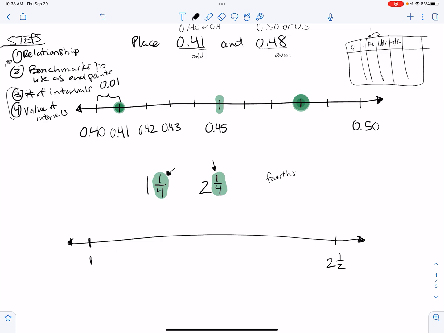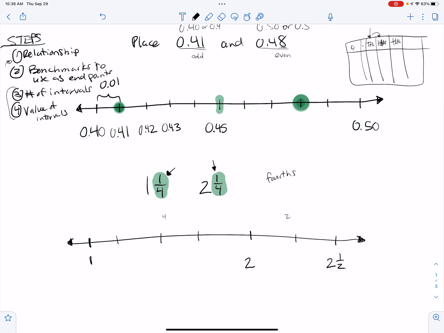And so I need to figure out how many fourths are there between 1 and 2.5. Well, I know between 1 and 2, there are 4/4, and then between 2 and 2.5, there's going to be 2/4. So I need to break these up so that they are all about the same size.